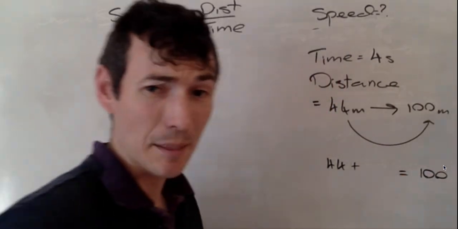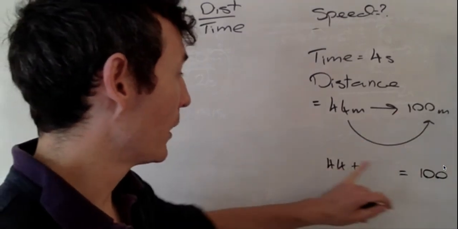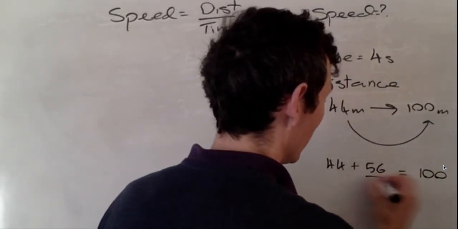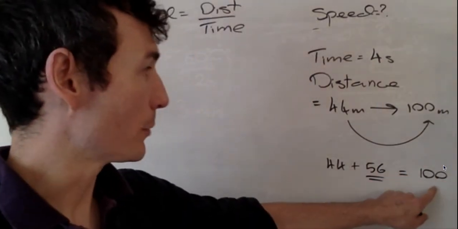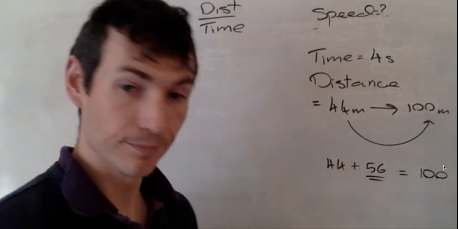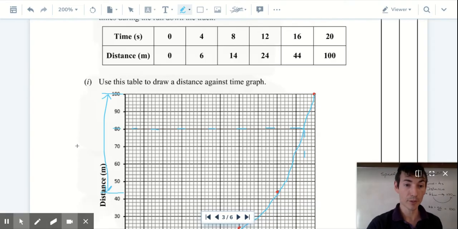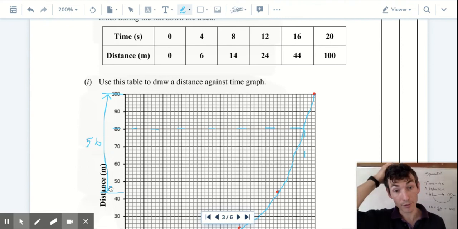Same difference really. So 44 plus 56 is equal to 100 meters. So the distance traveled during that time interval is 56 meters, going from here all the way up to here. 56 meters on our graph there.